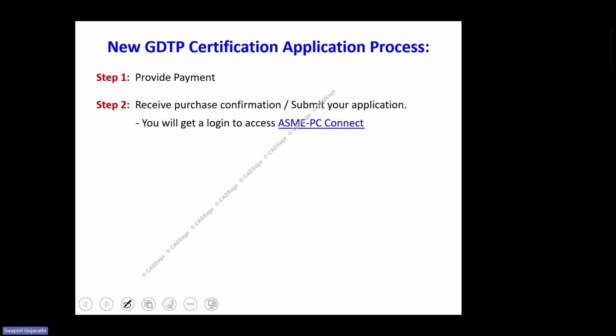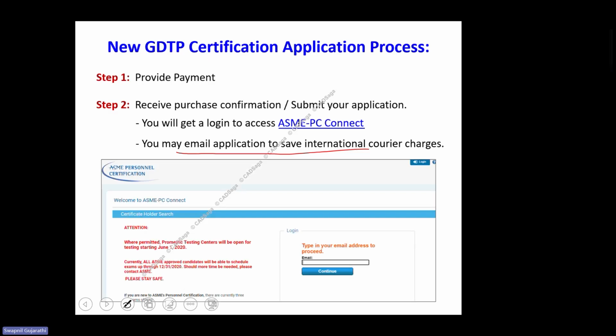Now, after you pay that money and they give the purchase confirmation, you will get a login to this ASME PC Connect website of ASME. PC means personnel certifications, and you can email the application to save international courier charges or shipping charges. So this is that website, ASME personnel certification.